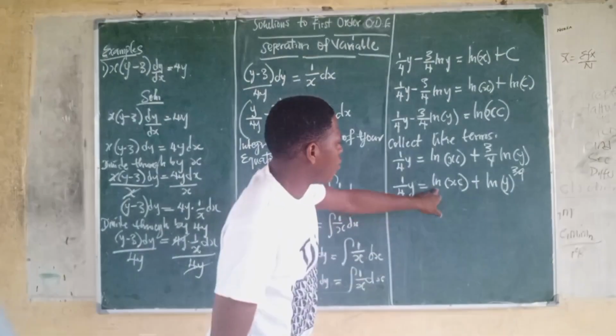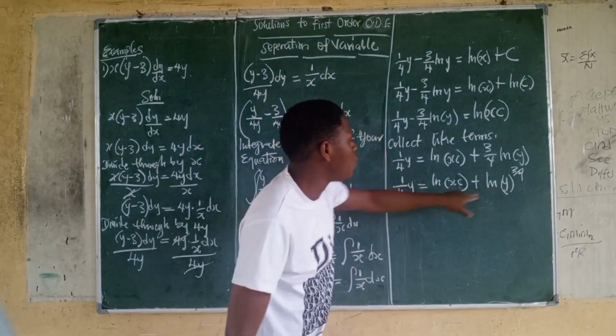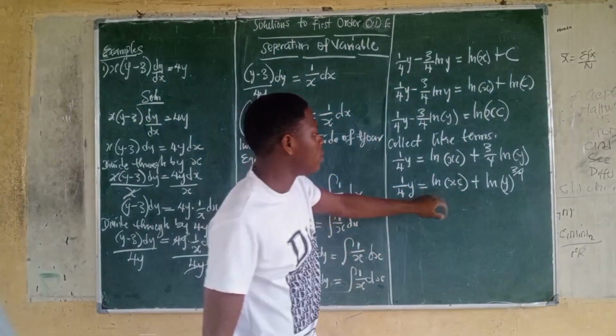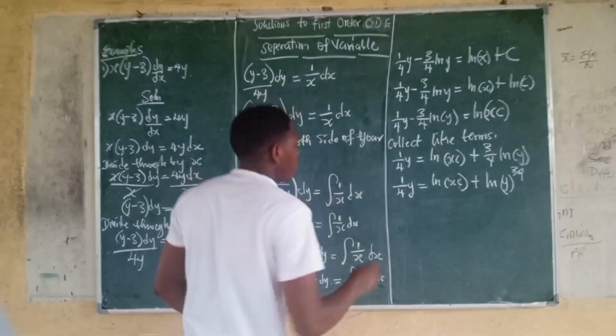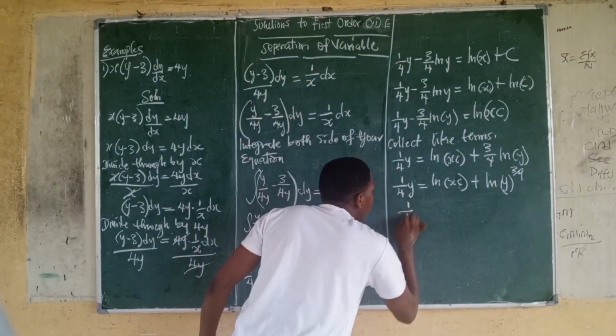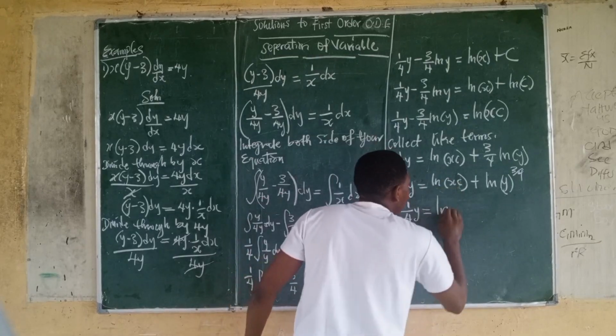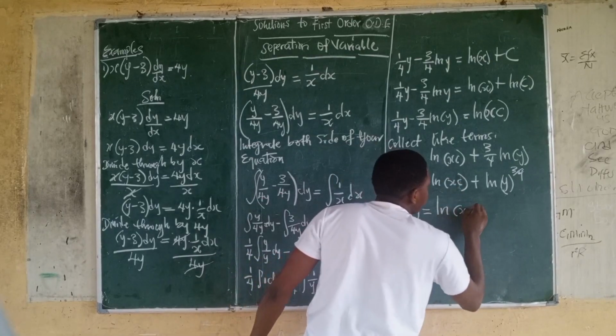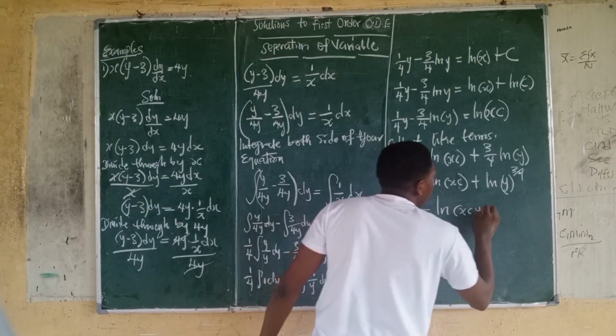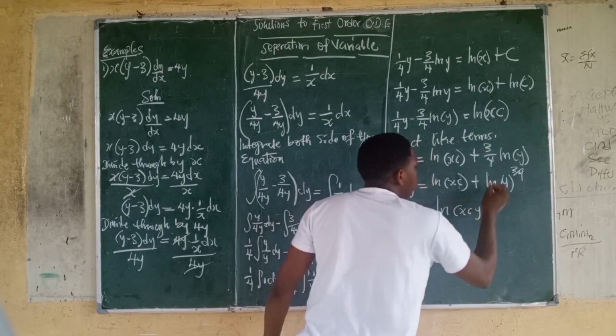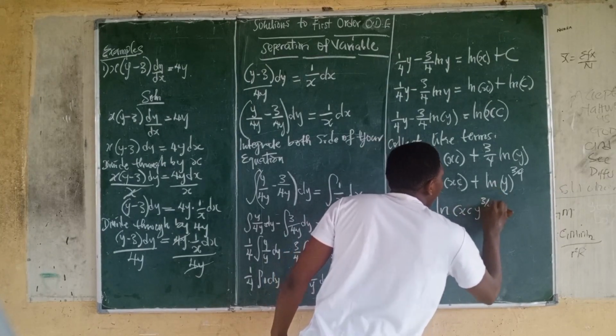We can still see that they have the same base, which is ln. Simplifying the equation, we have 1 over 4 y is equal to ln xc y, and y is raised to the power of 3 over 4.